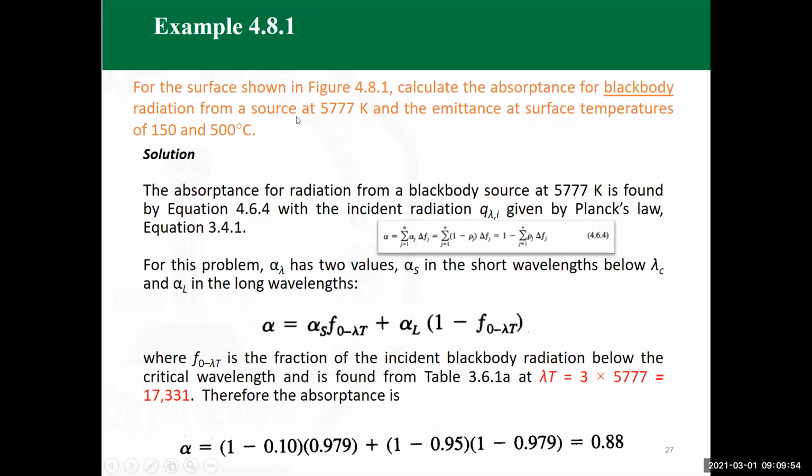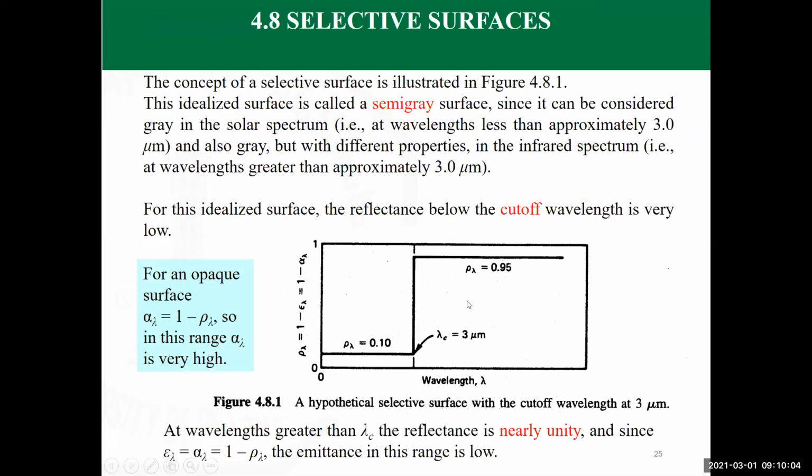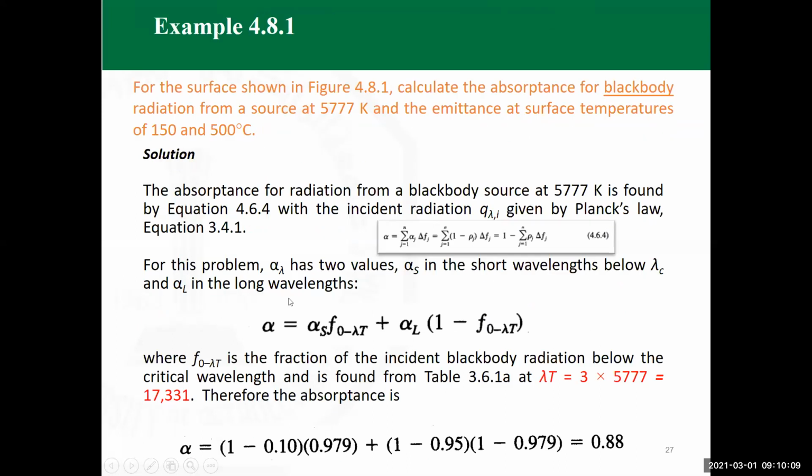There is another example here that we can consider before closing this issue. For a surface shown in the figure, which is basically this figure that you see in front of you, figure 4.8.1, calculate the absorptance of black body radiation from a source at 5,777 Kelvin, and calculate the emittance at surface temperatures of 150 and 500.